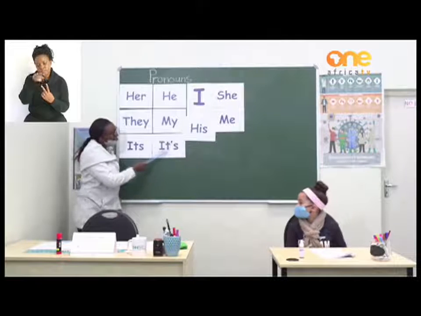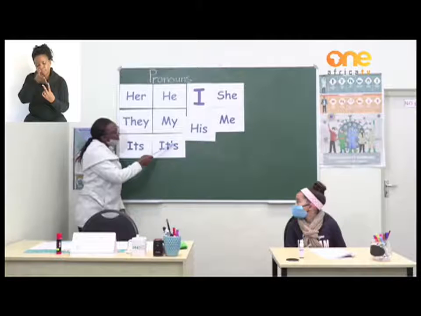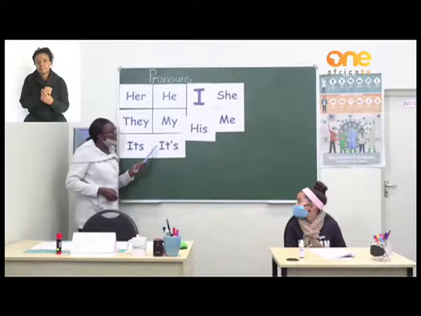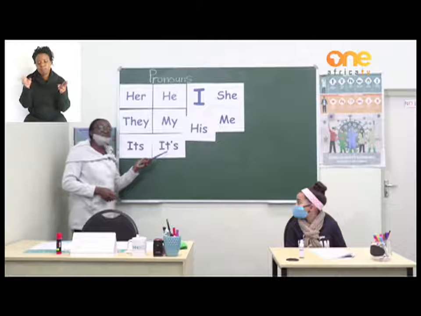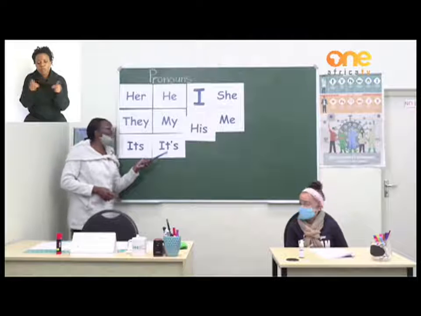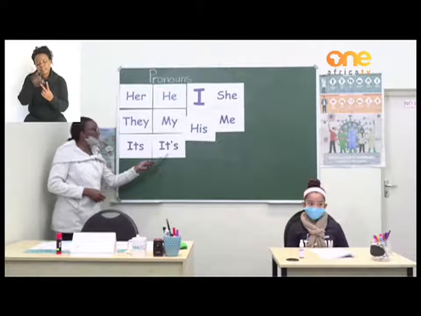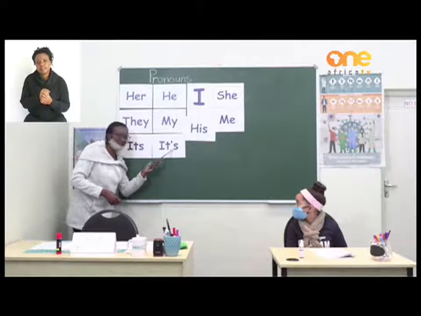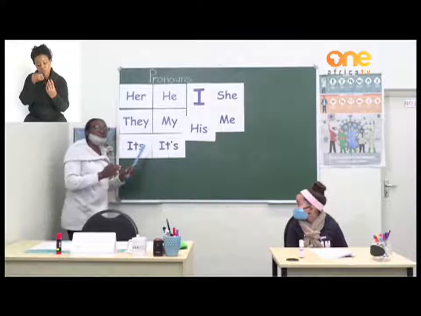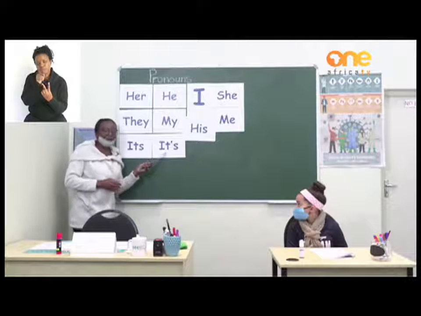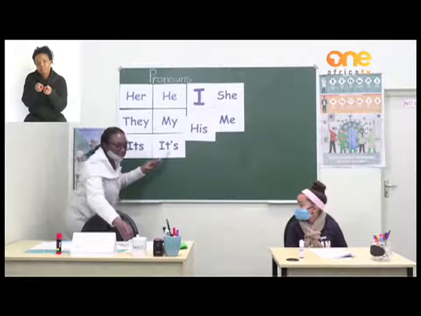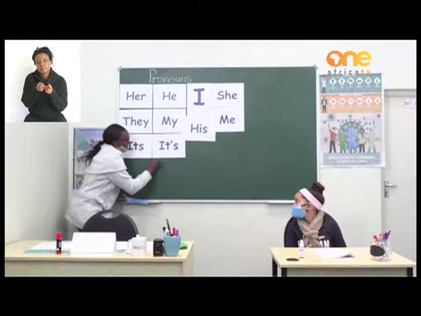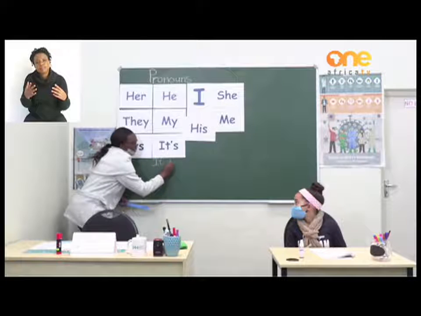If it's with an apostrophe, it means that there is a letter missing, but it's not forgotten. There is a letter that is omitted. There was supposed to be a letter here, but it is shortened to make the word small. So this means it is.